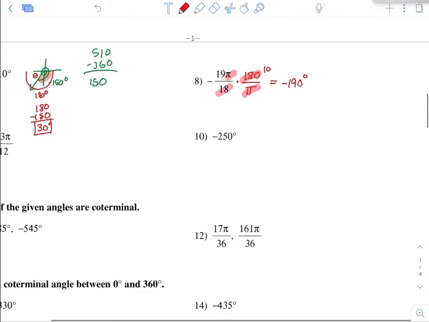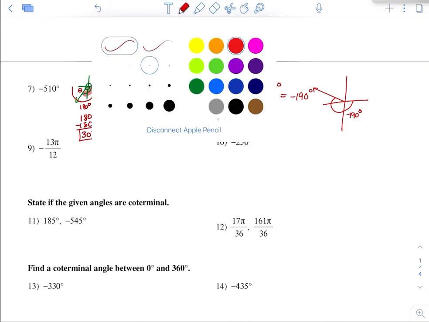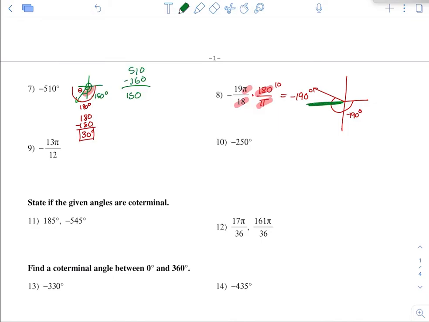So when we draw our sketch, negative 190 degrees is like that much. And if we were to find a reference angle, remember it's the x-axis with the terminal side, the angle measurement of that. So it's that one right there. So we just have to calculate that theta.